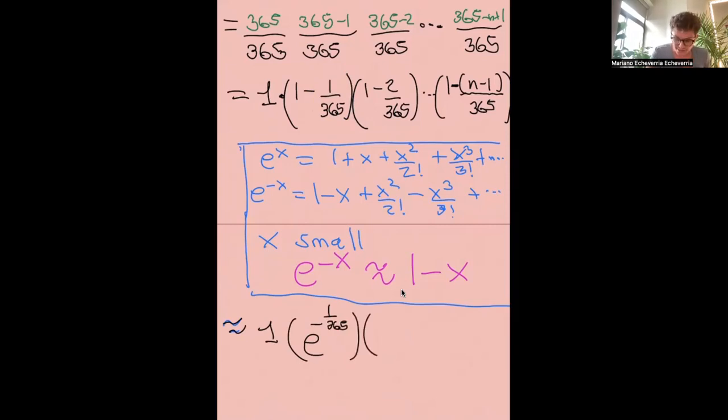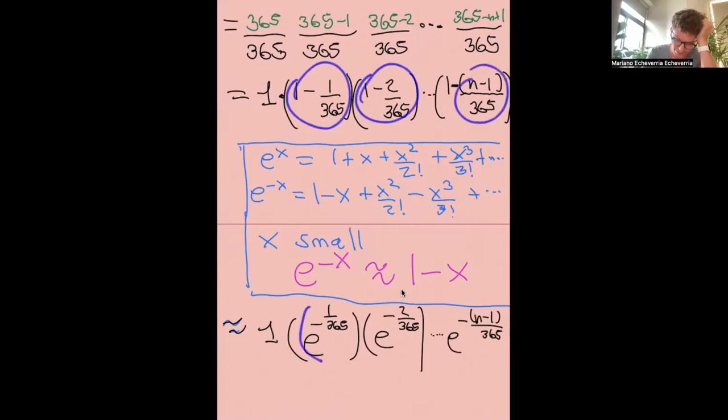And the other one, this is the new x for this approximation, so it's e to the negative 2 over 365, times e to the negative n minus 1 over 365. So what we're doing is replacing these factors, approximating these factors by these exponentials.